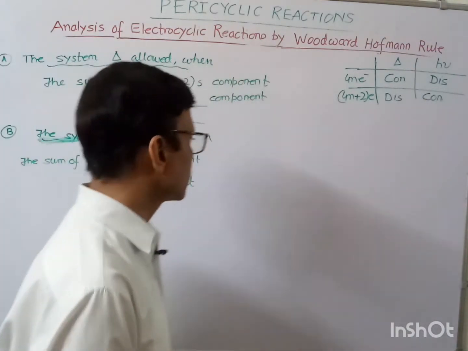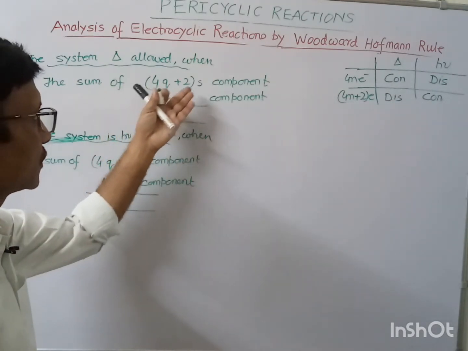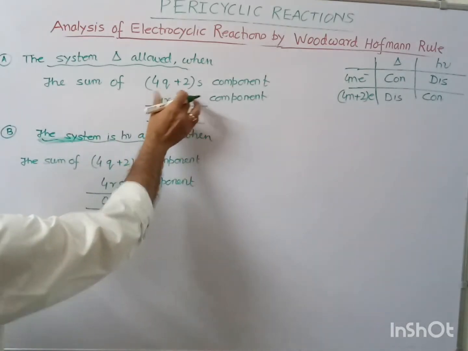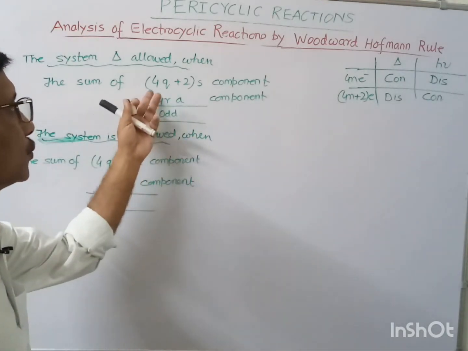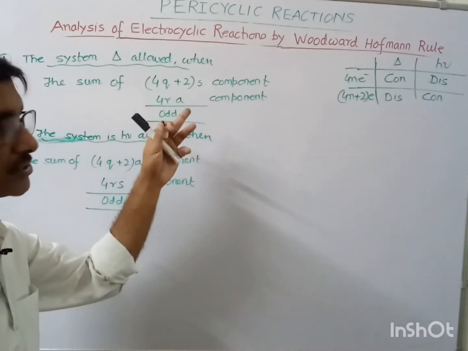Let's see the meaning of q or r, s or a. Now suppose two types of system, either a 4q plus 2 system or a 4r system.